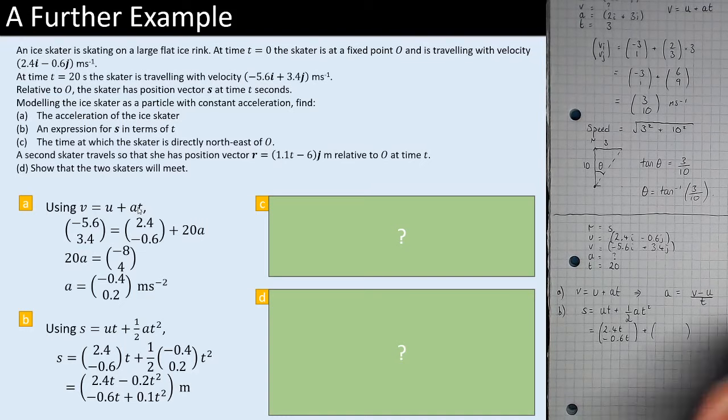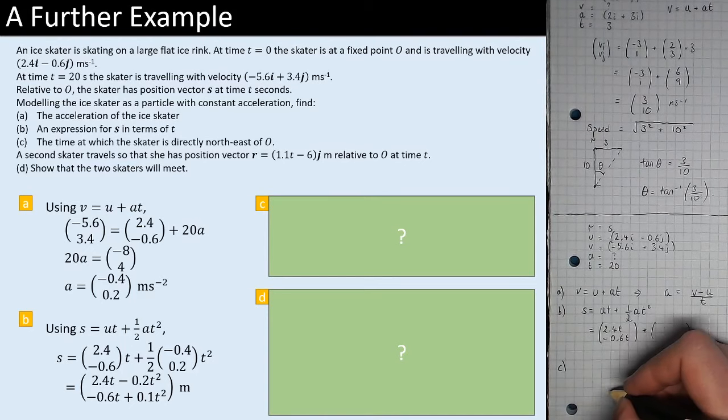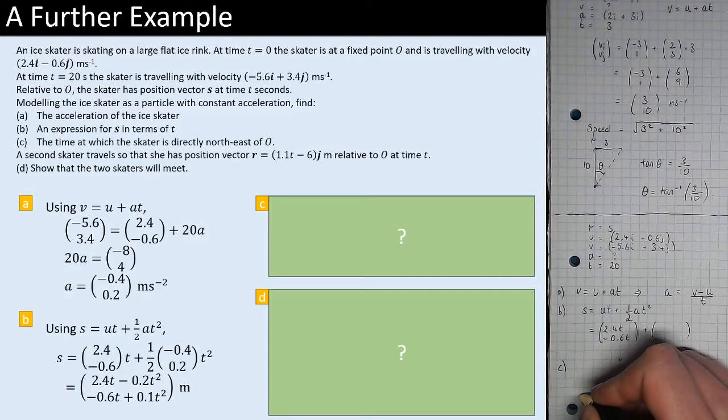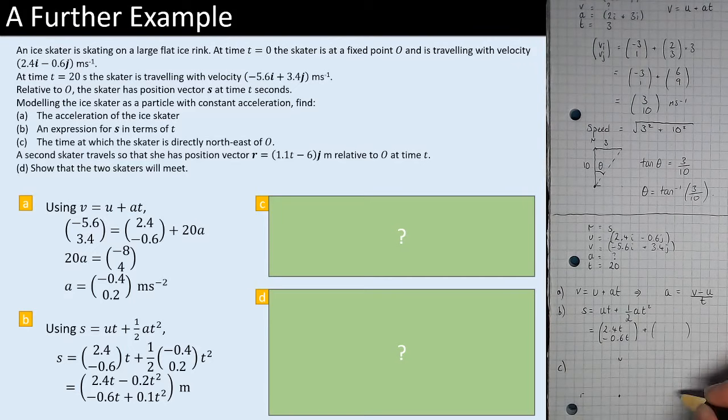So C is the next part, the time at which the skater is directly northeast of O. Now, if it's going to be northeast of O, east is this way.